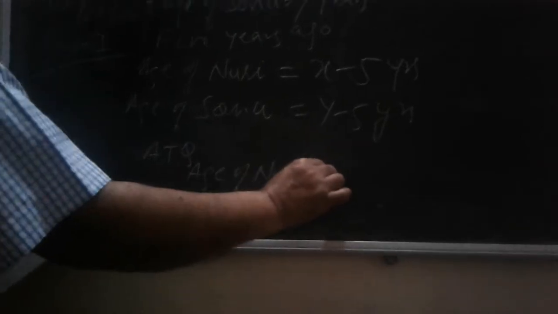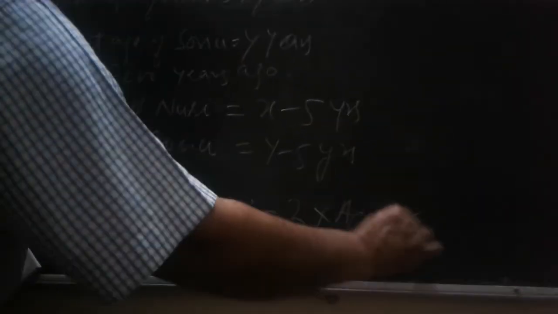And according to the condition, ATQ, Noori was thrice as old as Sonu. Age of Noori equals thrice, 3 into the age of Sonu. Thrice means multiplied by 3. Now put the values: x minus 5 is equal to 3 into y minus 5.